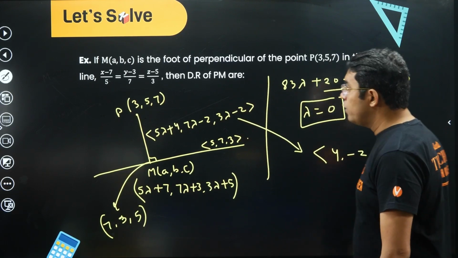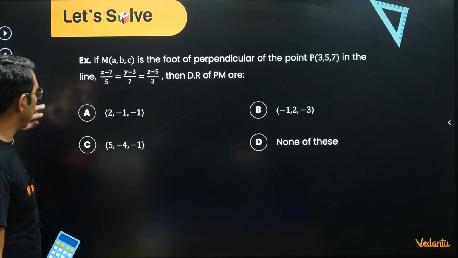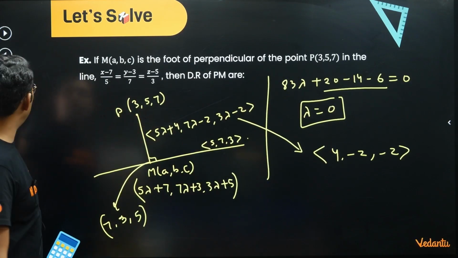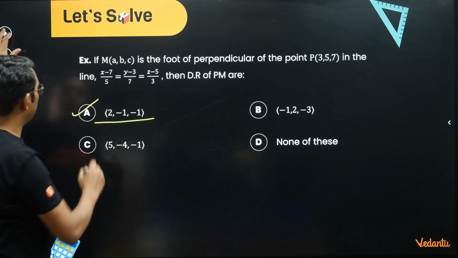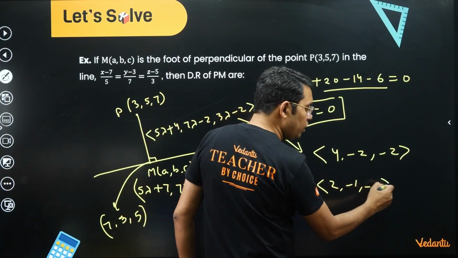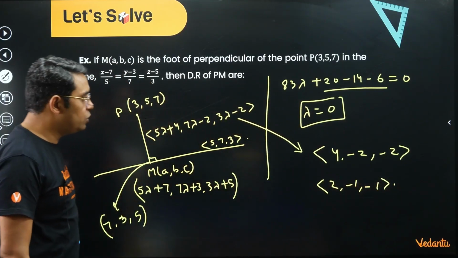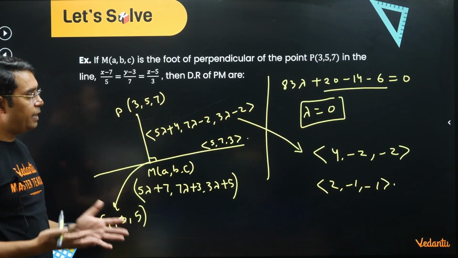You can simplify this also after dividing by 2. Let me see in what form they have given the answer. So yeah, 2, minus 1, minus 1 is the answer. So A should be the answer. You have to divide by 2. It's direction ratios, so we can always divide by some non-zero number to get new direction ratios. Still they will be representing the same direction.